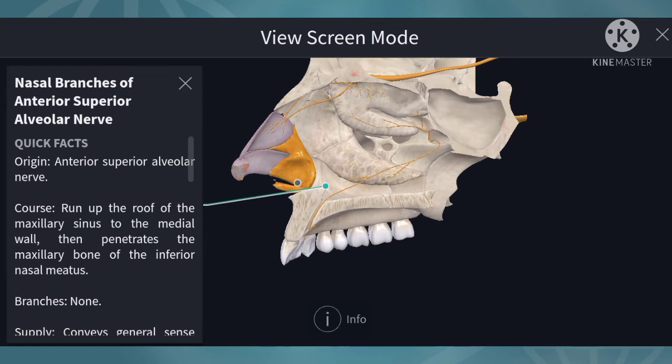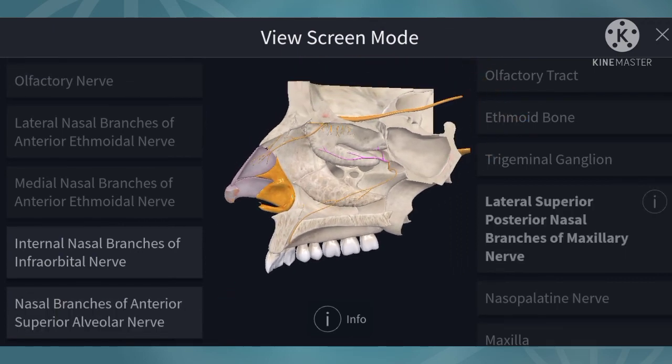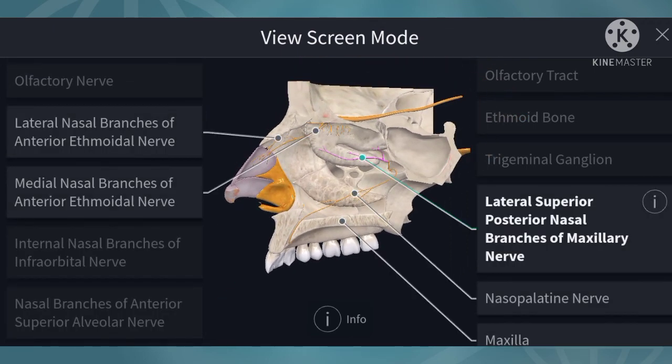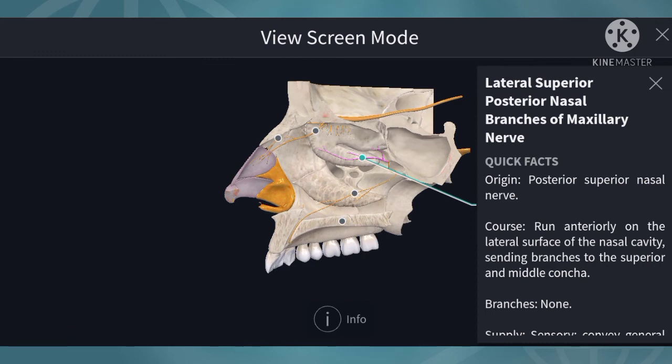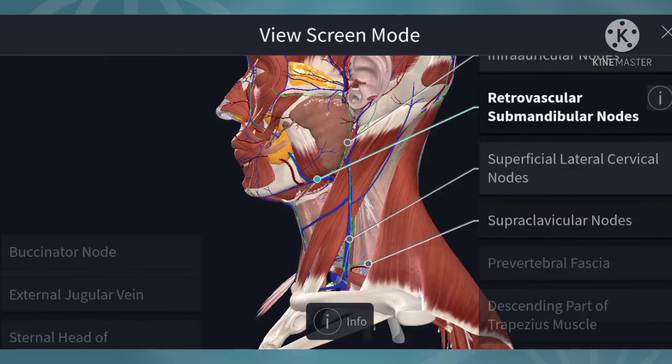As you can see here clearly, this is the nasal branch of the anterior superior alveolar nerve. The posterior superior quadrant is supplied by the lateral superior posterior nasal branch of the maxillary nerve, as you can see here clearly, and the posterior inferior quadrant is supplied by the nasopalatine nerve.